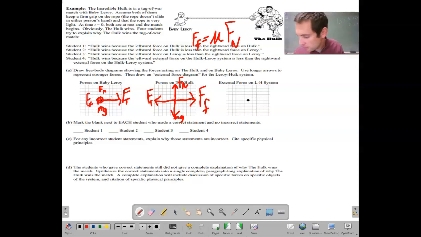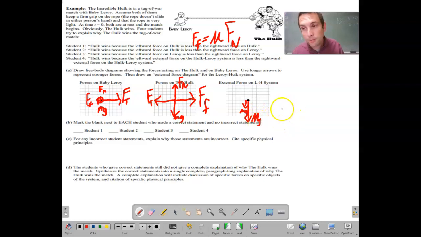I don't know if I have the camera flipped or not this time. External forces acting on the whole system combined. We have two downwards: little mg, and then the bigger mg.